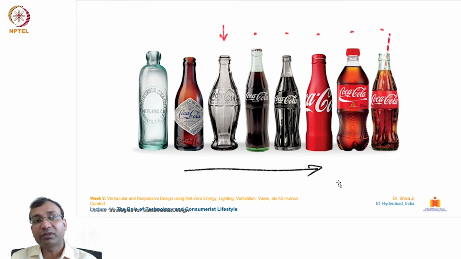Further, we have one very famous example of Coca-Cola bottles over here. With this iterative design process, it has adopted a very unique shape and size of these bottles. If you see, it started from one very conventional bottle when it was rolled out, I think more than 100 years ago, and you can see the evolution over here, even with the change of materials.